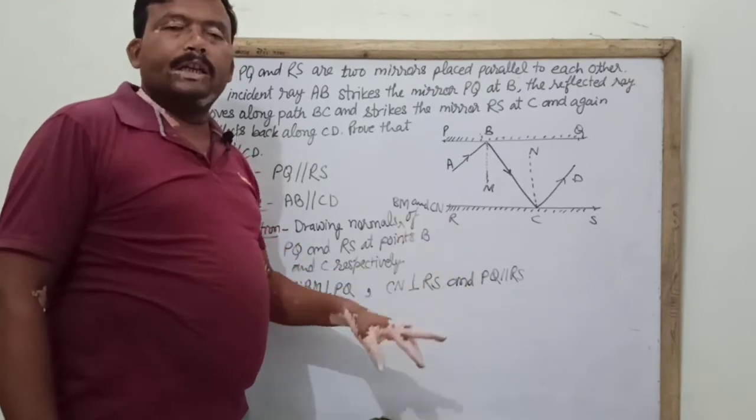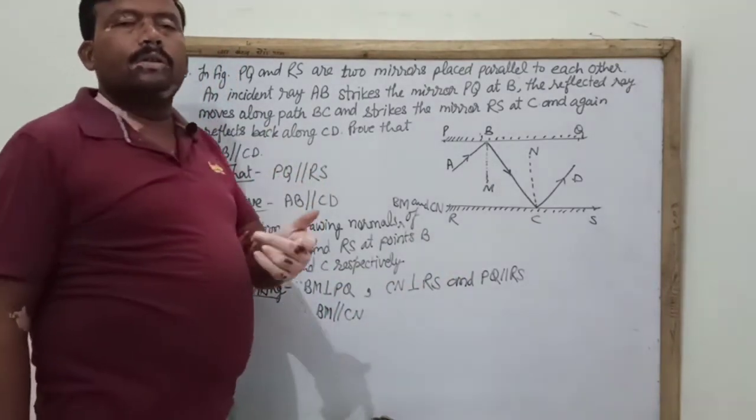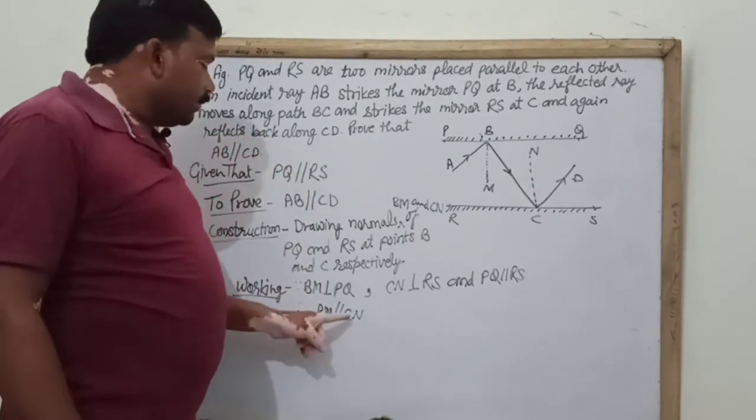So the perpendiculars on two parallel lines are also parallel. So perpendiculars are parallel.